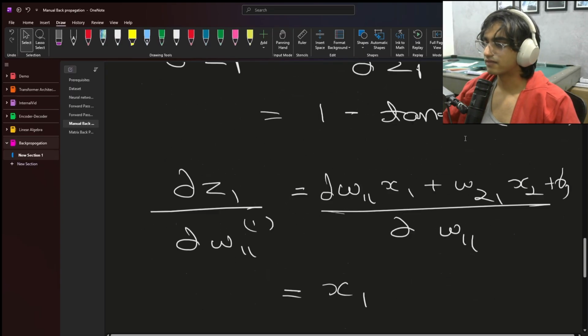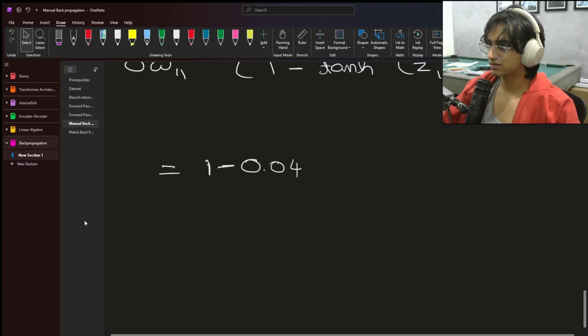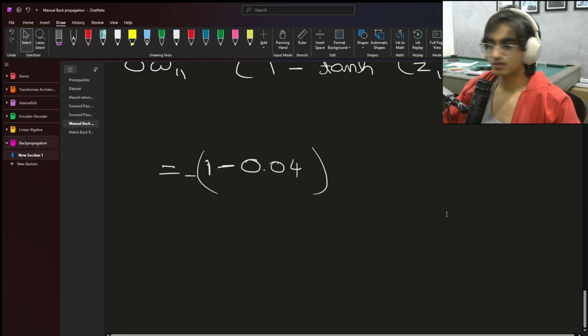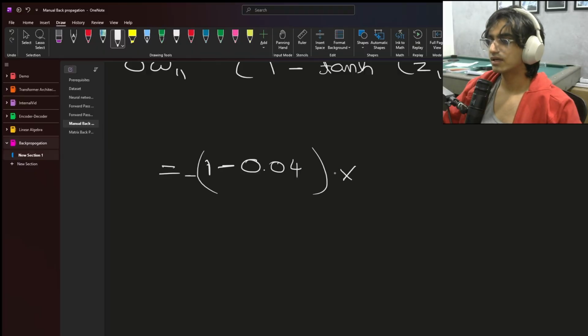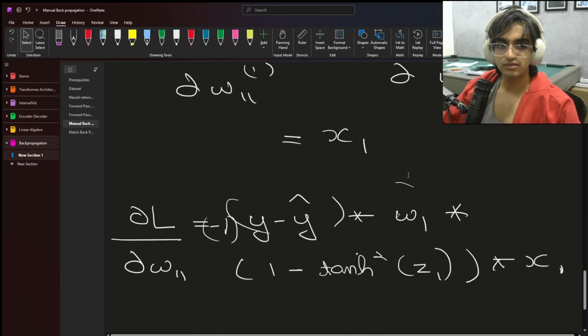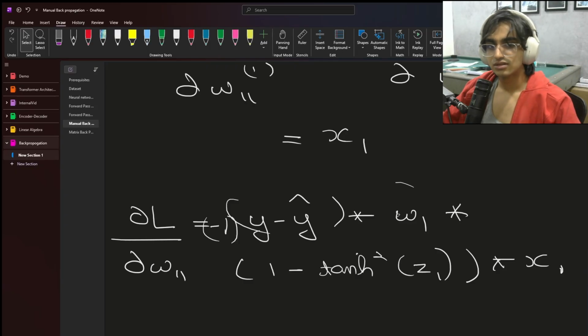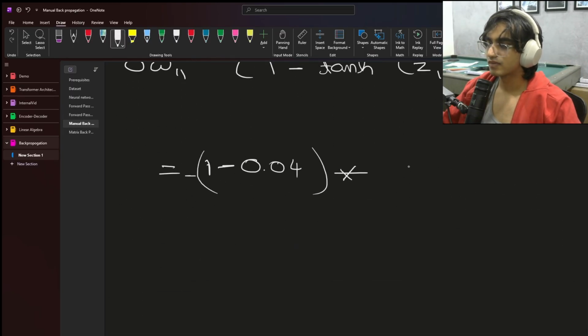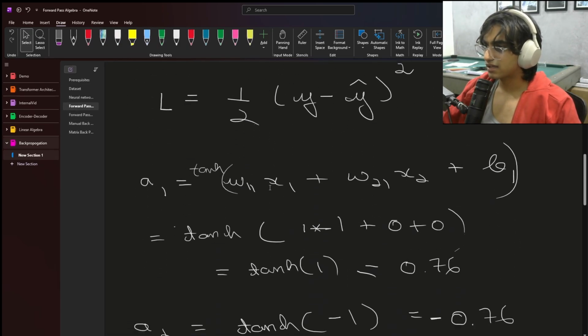Okay, now let me just write out the values. So 1 minus 0.04, negative of this, multiplied by our W1. Our W1 is just 1, into 1 minus tanh squared of Z1.